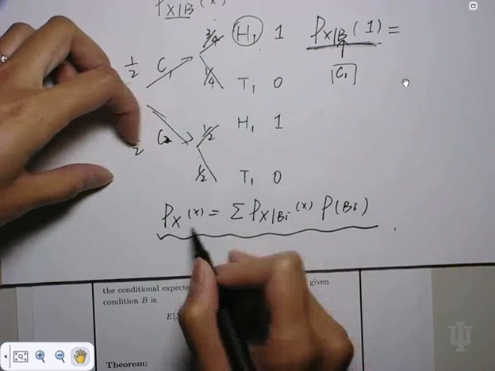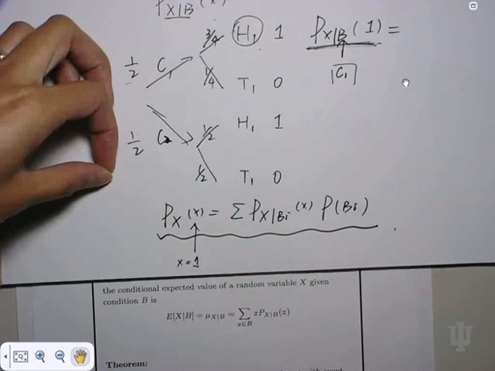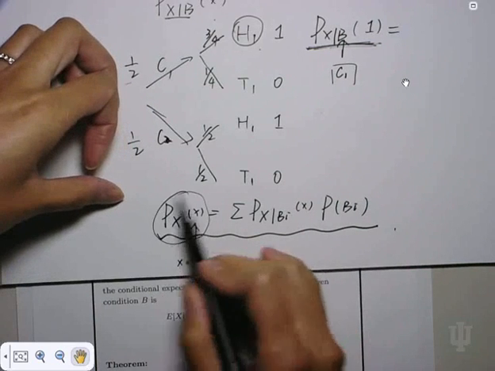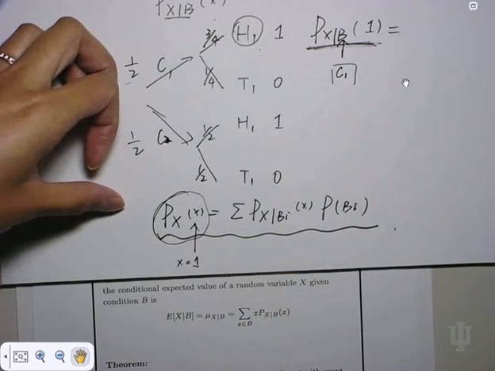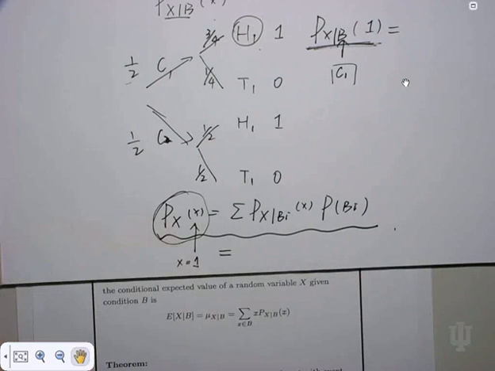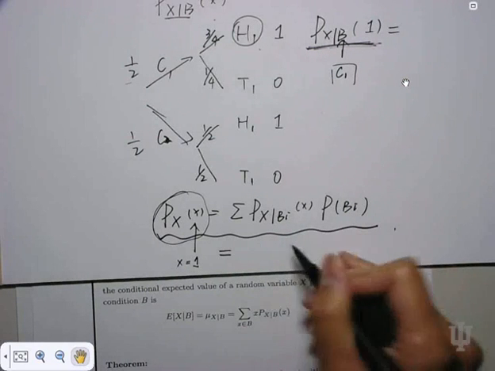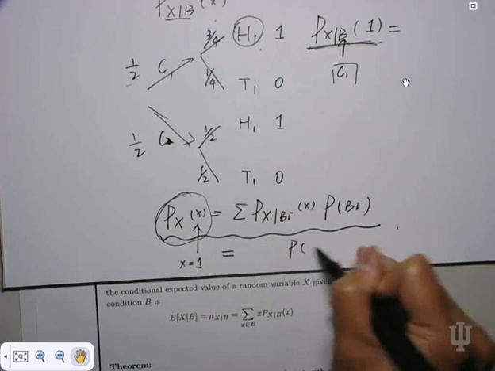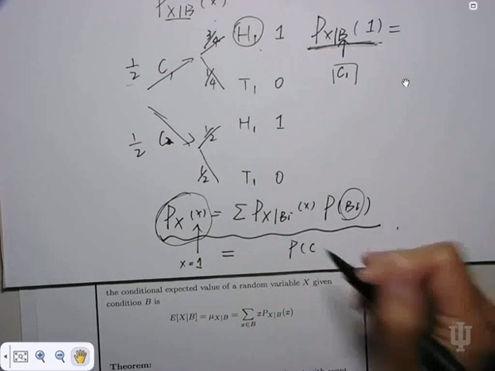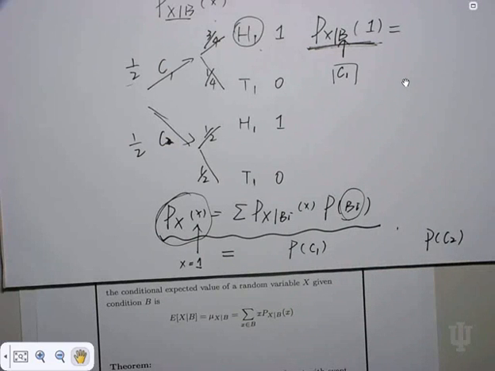So if I ask you what's the total probability of getting a head, little x equals 1, you did this before, much more complex. Now I just flip once, so first case use C1, second case use C2.